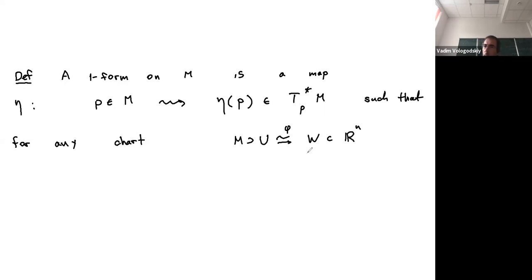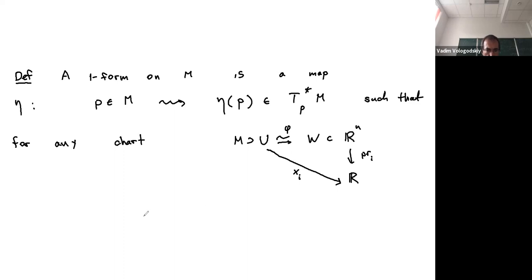The following is true. So look, I have maps from Rn to R. These are projections. And its composition with phi gives me local coordinates xi on my U. So I identify U with an open subset of Rn, so I have local coordinates.